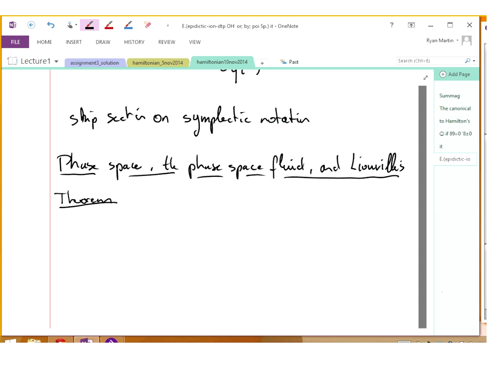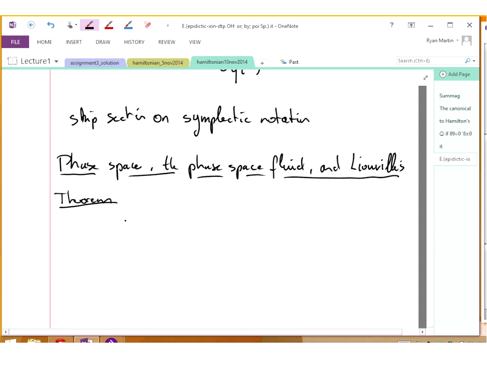I mentioned this before, but until now, when we were working with the Lagrangian, we were working in what's called configuration space. And when we work with the Hamiltonian, we work in what's called phase space. And in phase space, we consider the momenta as coordinates on the same footing as the position coordinates. Whereas in the Lagrangian, the velocities are just the time derivatives of the position coordinates, and they're not independent.